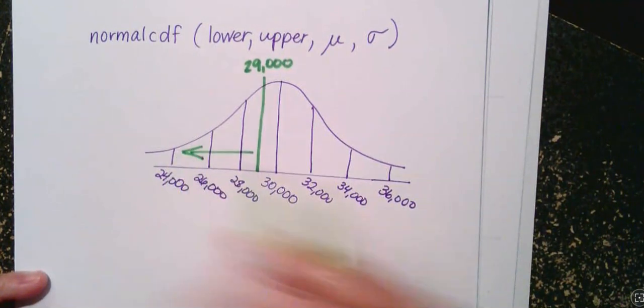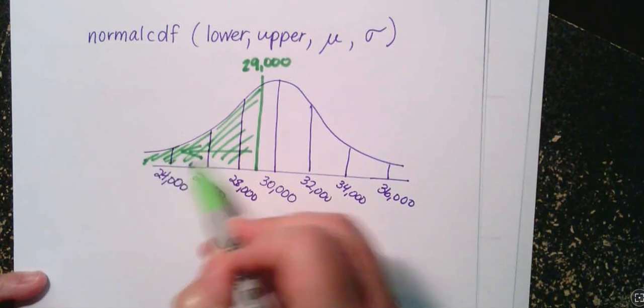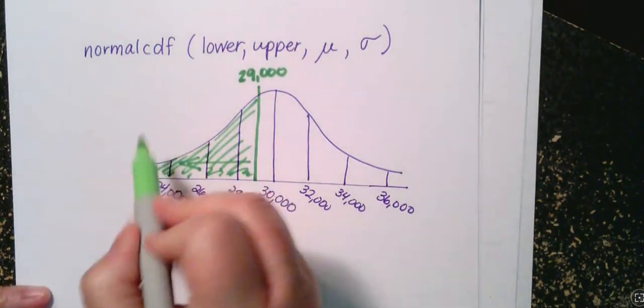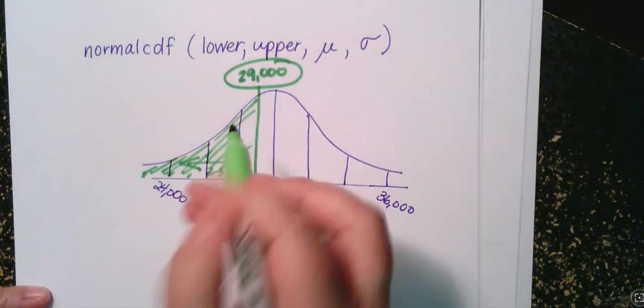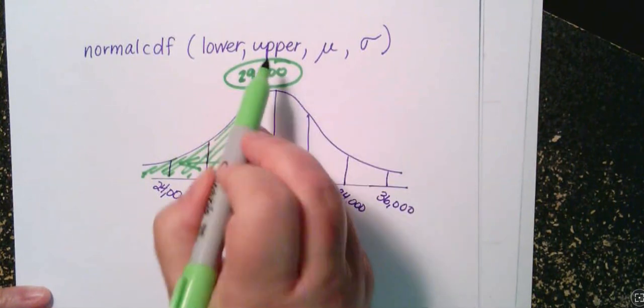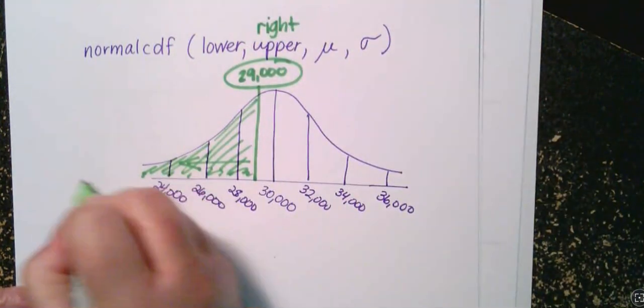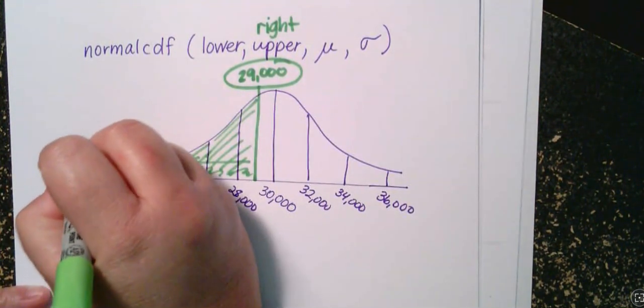Less than is this way. So we're talking about everything to the left of there. All right. Now, this is the upper boundary of the region we're looking at because we're going to the left from that. The upper boundary is always like the right-hand side of your region. So the lower boundary, way over here, almost like negative infinity. Let's just call it -9.